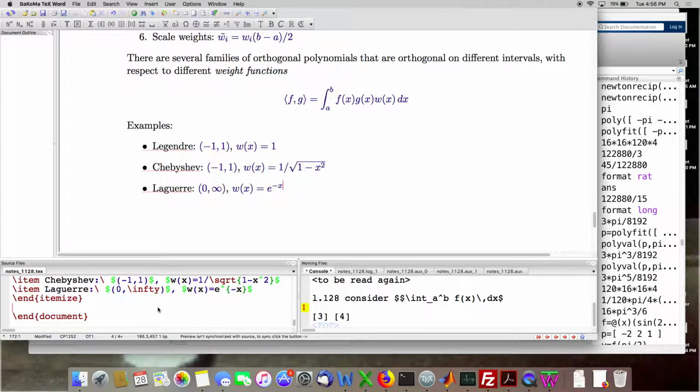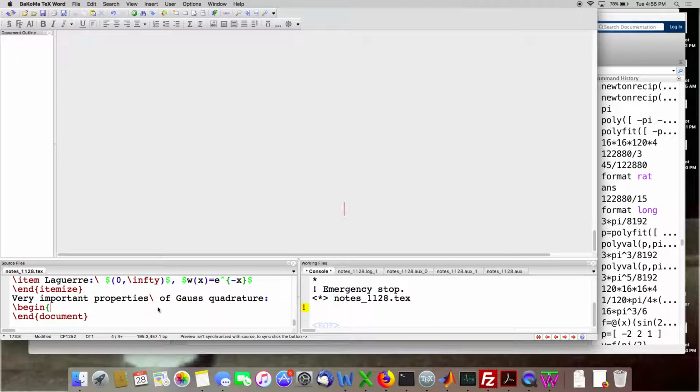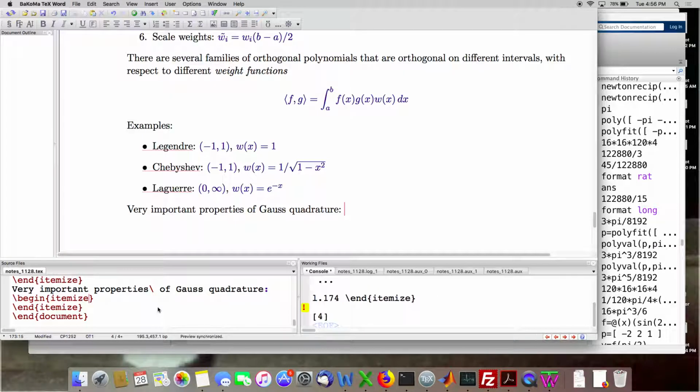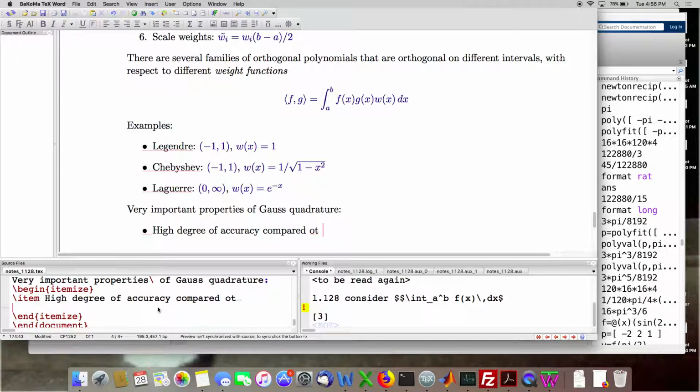So now, a very important property, or properties, of Gauss quadrature. I hate how the screen goes blank like that. Okay. So first, already touched upon, a high degree of accuracy compared to other rules.